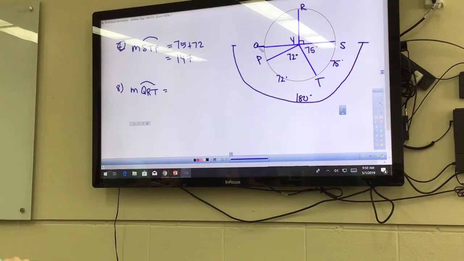Q, R, and then we stop at T. So how do I find that? What do I know about QS? What does it measure? 180. It measures 180, so all the way around measures 180 degrees. And then add 75. Okay, so Wyatt said we take 180 and add 75. Wyatt's correct. So 180 plus 75 is 255.